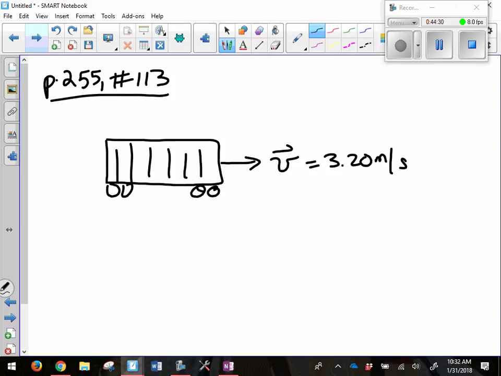Now, why do I need to add a force to keep this moving at constant velocity? Because the mass is increasing, right? The grain is dropping down and adding to the cart. If you were sliding by on your skateboard and I dropped a bowling ball that you caught, what would happen to you?